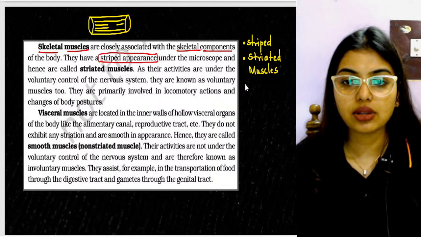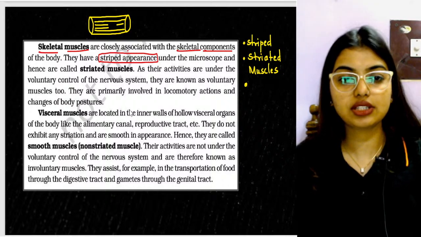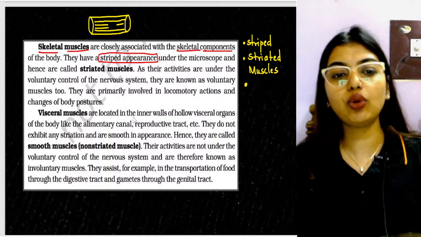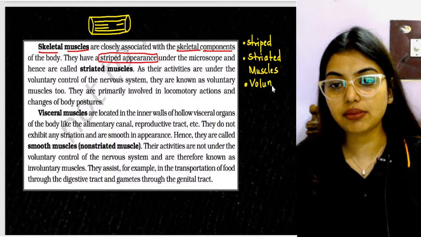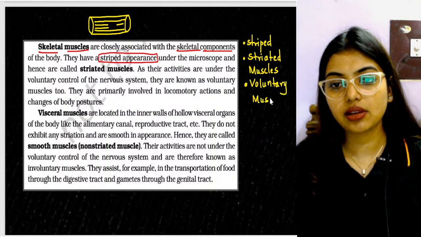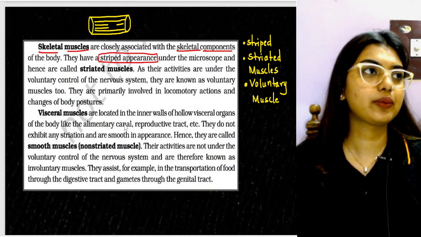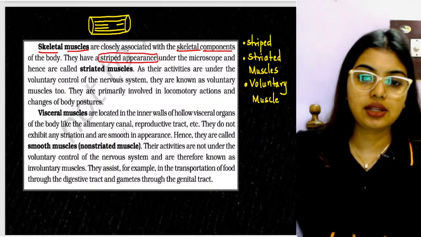Clear? Since their activities are under the voluntary control of the nervous system, they are known as voluntary muscles.